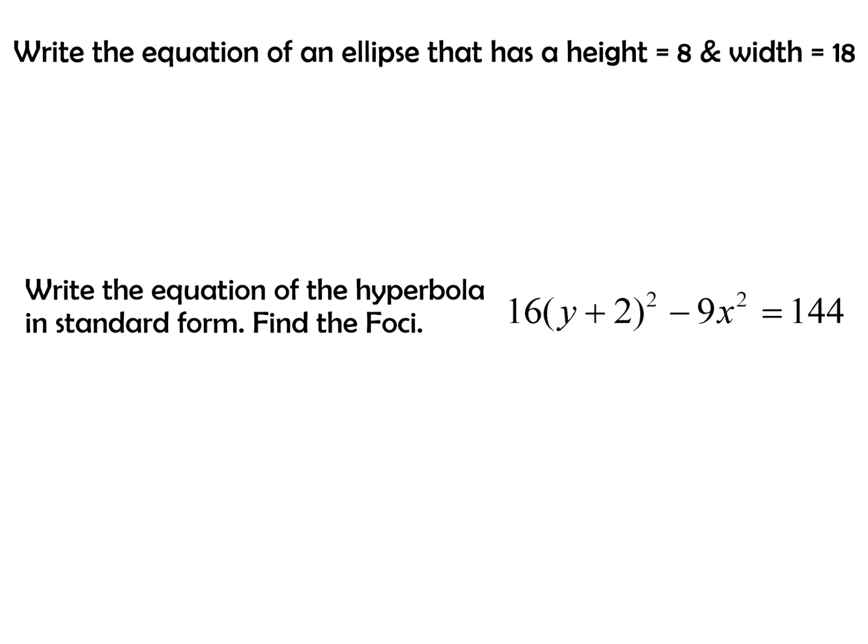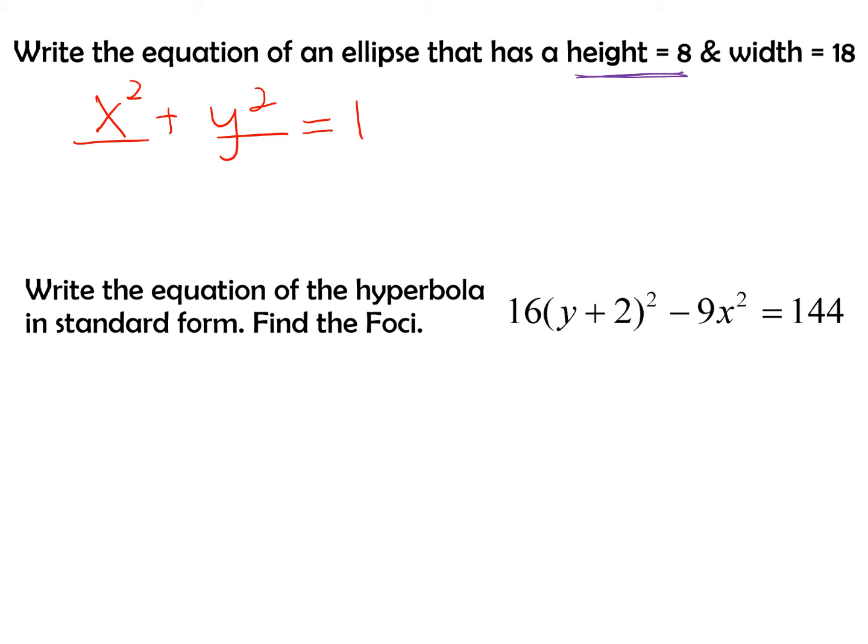Okay, for this top example, since it does not tell us where the ellipse is centered, I'm just going to assume that it's centered at the origin. Since it's centered at the origin, we would have an x squared plus a y squared equals 1. And then since we have a height of 8, so that's up and down. And again, think 8 is 4 up and 4 down.